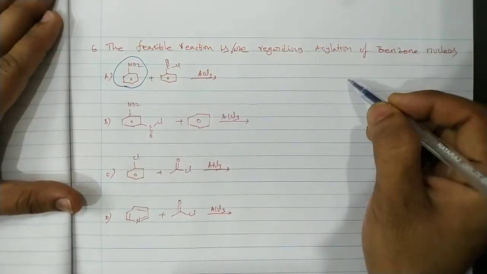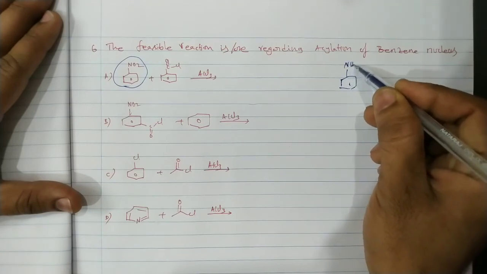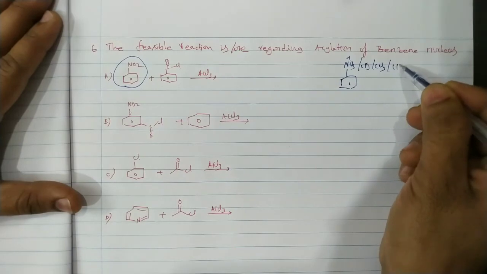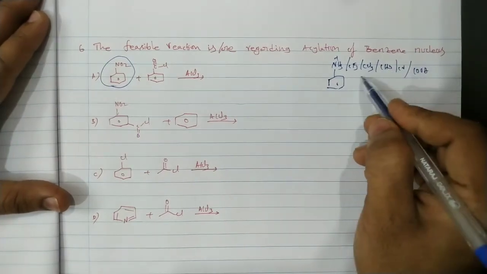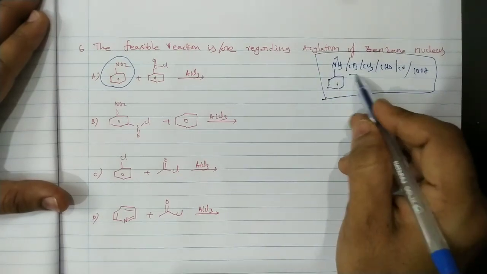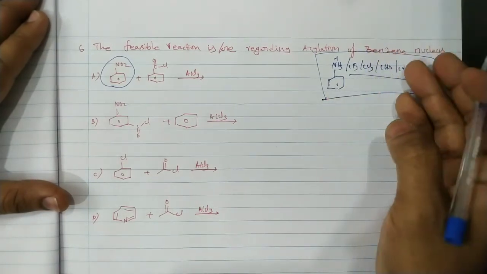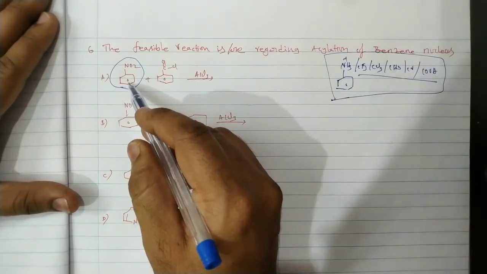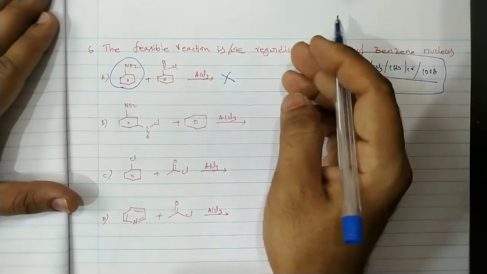Not only nitrobenzene, but strong electron withdrawing groups like NH3 plus, CF3, CCl3, CHO, and CN or benzoic acid, all these are not involved in a Friedel-Crafts alkylation and acylation reaction because of the deactivation of this benzene ring by these strong electron withdrawing groups. So nitrobenzene is not involved in a Friedel-Crafts alkylation and acylation reaction. Here this reaction is not feasible.